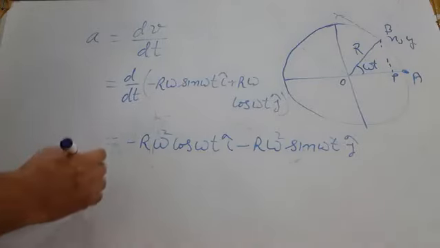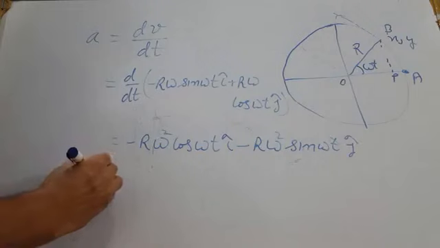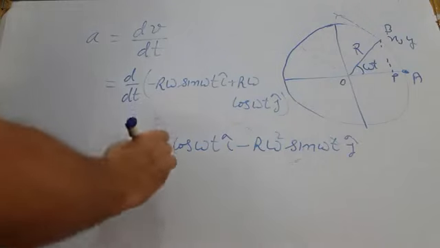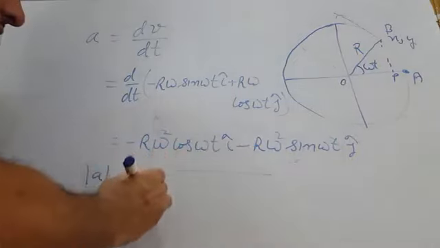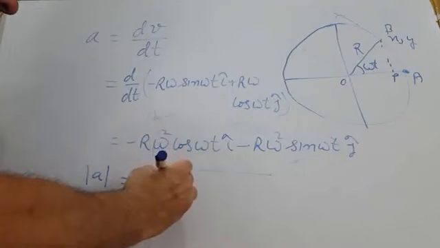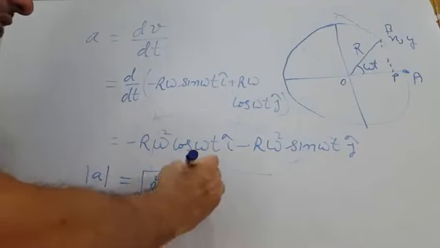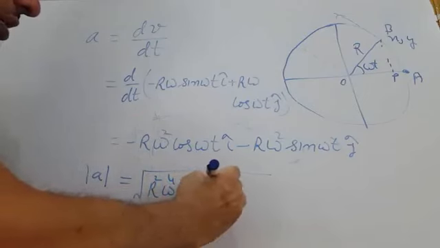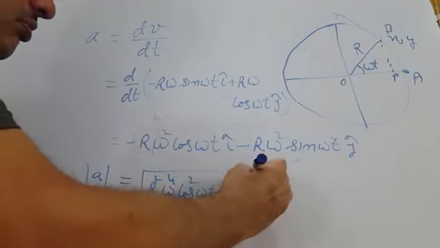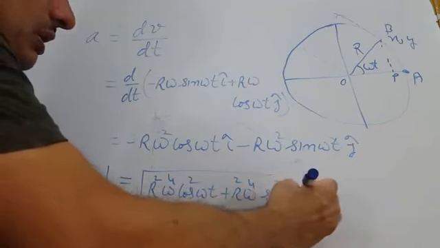So what will be magnitude of acceleration? Under root of square of first, so it will be r square omega to the power 4 cos square omega t plus r square omega to the power 4 sin square omega t.